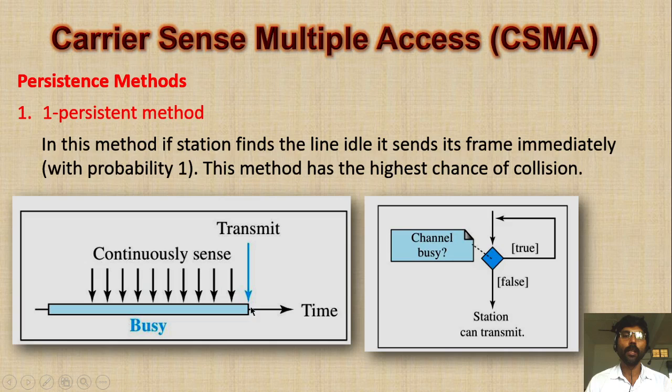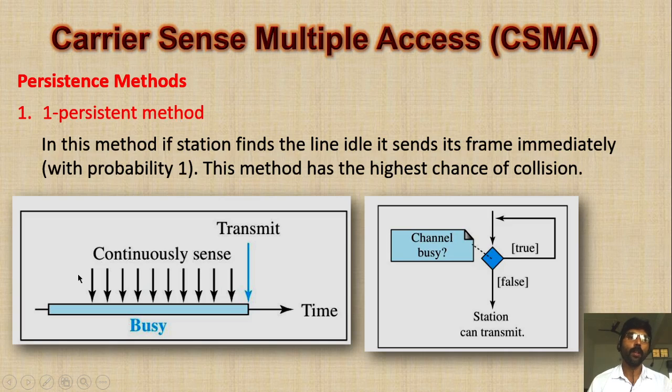In this case, it has the highest chance of collision, because more than one station is continuously sensing for the idle state, and more than one station can transmit the data at the same time. That is the problem with the one-persistent method.